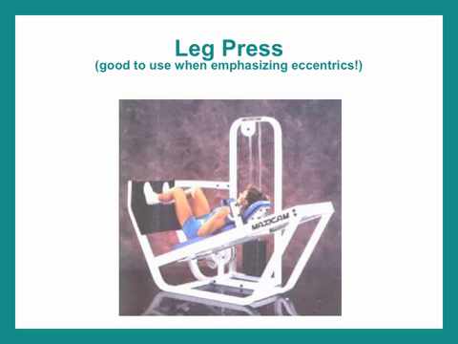And we'll try to actually exhaust the eccentrics without causing pain, just because they produce more force, so that means more weight, and we can get bigger, faster, and stronger more quickly post-surgically. So lots of eccentrics done in the leg press, as long as there isn't pain.